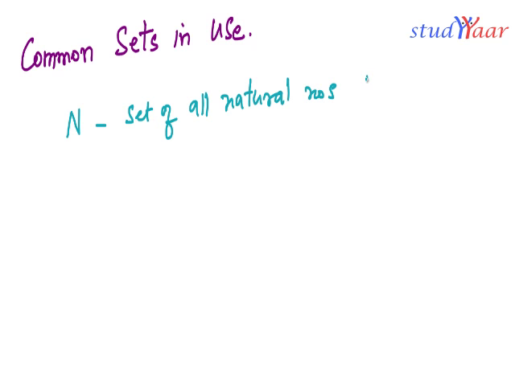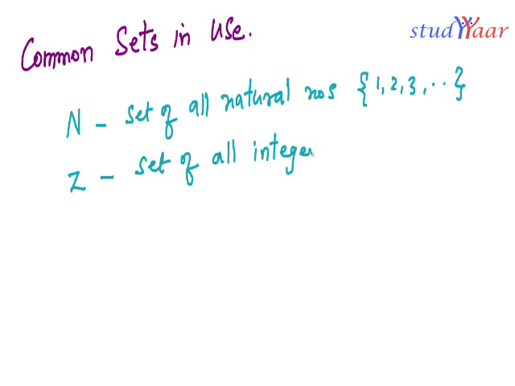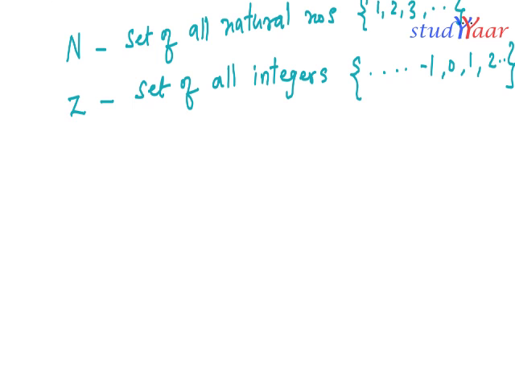So what does it have? It has something like this. Another is the set of all integers. So it is going to have values like -1, 0, 1, 2 and so on, in both positive and negative direction.